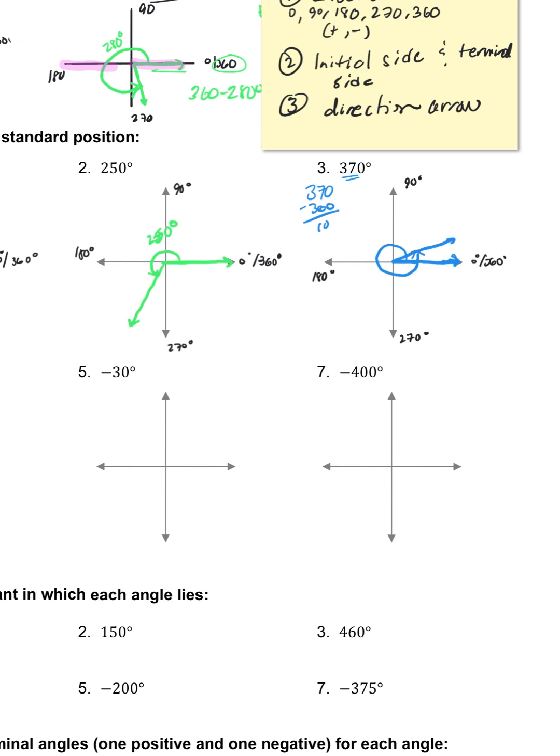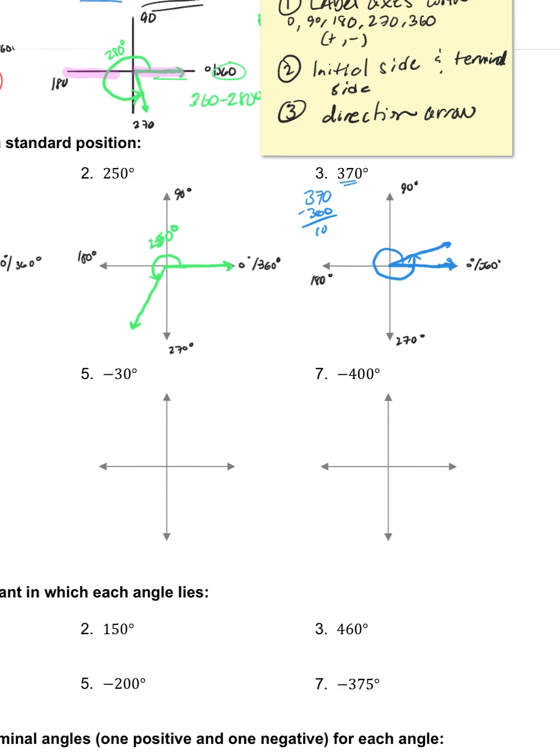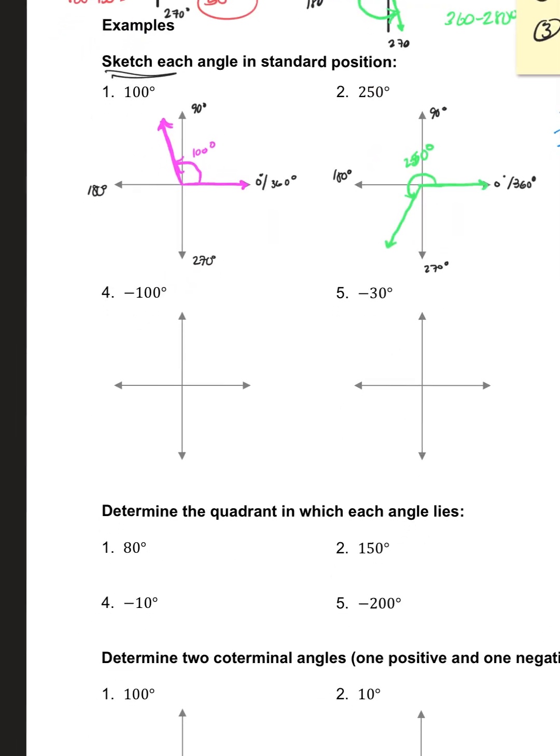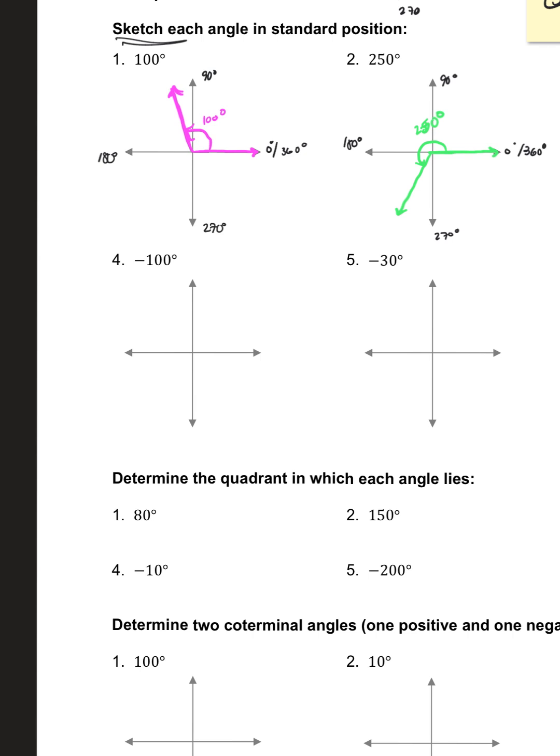Okay. So I'm going to do one of these in the middle here, and then I'm going to have you do them on your own, and I'll come back. So let's try the negative 100. So we are going to label our degrees with 0. Instead of positive, we're going to do negative. We don't need the positive now. Remember, we're going clockwise, so everything is negative going the other way. Okay, so my initial side still starts here.